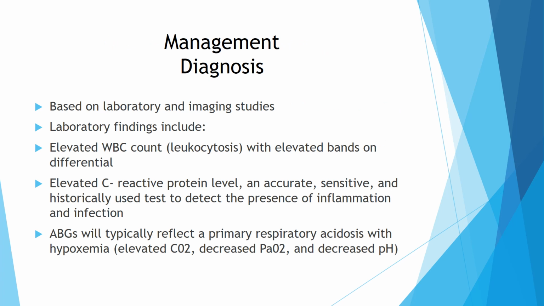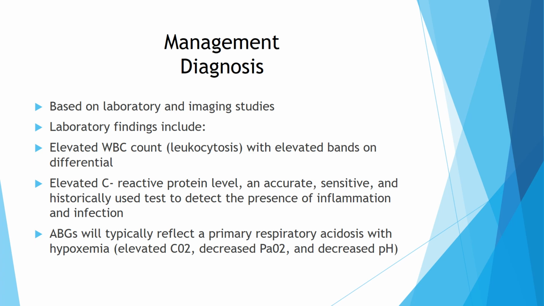So, diagnosis. Diagnosis is based on laboratory and then imaging studies. Lab findings may include an elevated WBC count, leukocytosis with elevated bands on the differential. So you're not only going to be looking at the WBCs, you are going to be looking at that differential.